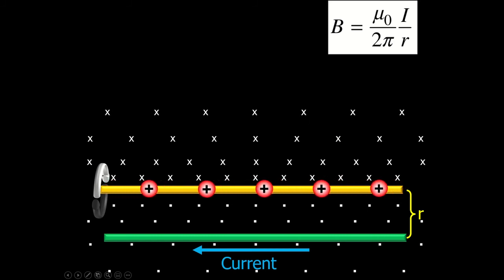I'm going to ask you to pause here in just a second, but I want you to use your right hand and predict: is the green wire going to be moved with magnetic force up or down, toward us, or away from us? Hit pause and use your right hand rule to predict the direction of the force on the green wire. I sure hope you did that.